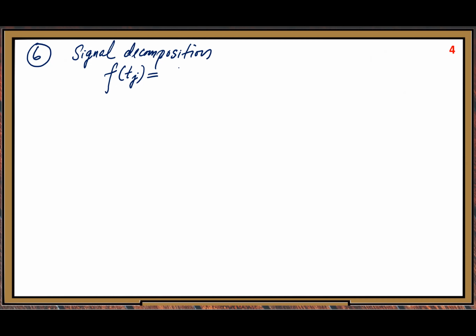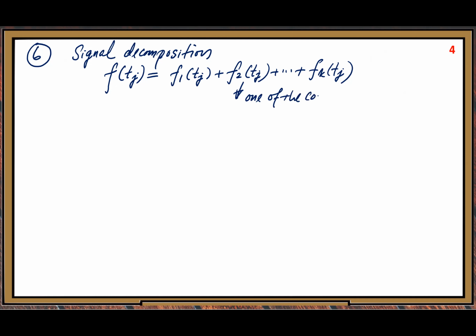Like F1 of T sub j, F2 of T sub j, Fk of T sub j. So you can see each one corresponds to one of the components.